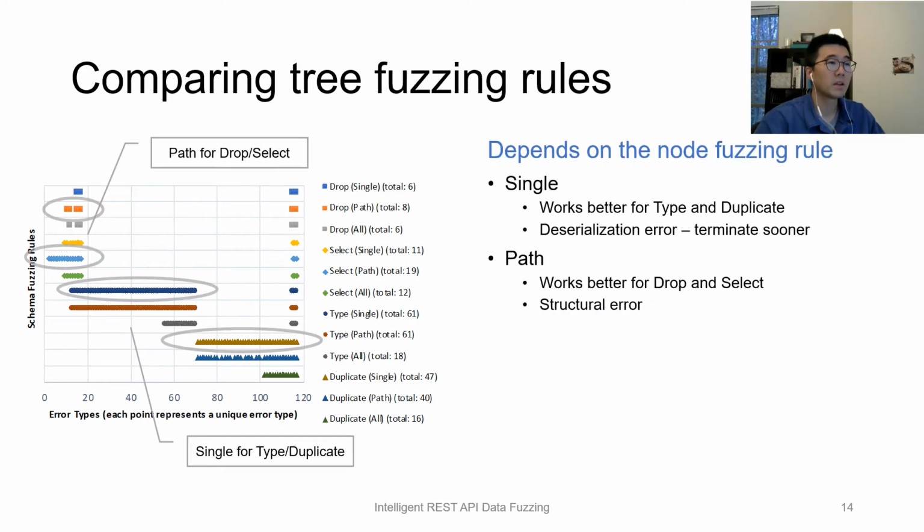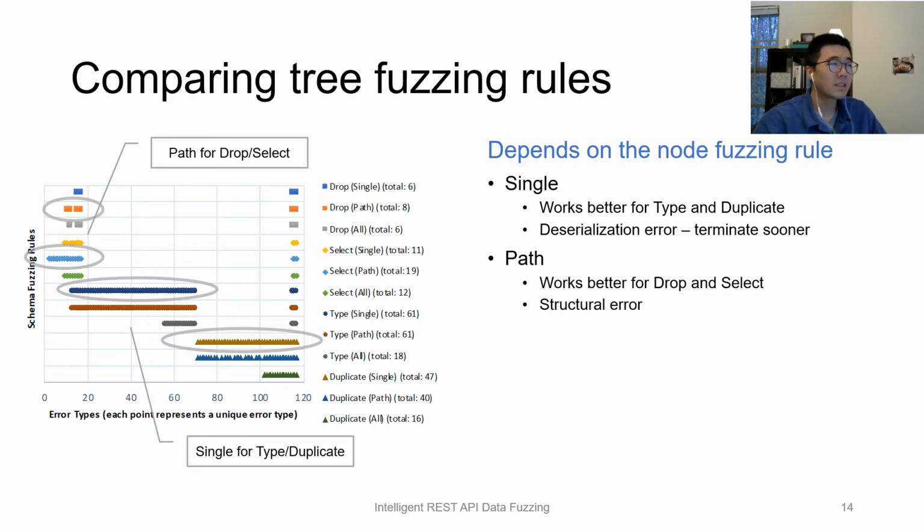Okay, besides the node fuzzing rule, now we want to compare different tree fuzzing rules to see if there's a best one. And from the results, we can see that it really depends on the node fuzzing rule that we're applying. So the tree fuzzing rule single works better for type and duplicate, which are the two that cause deserialization errors. The reason behind this is that once you have the deserialization errors, the processing actually terminates immediately.